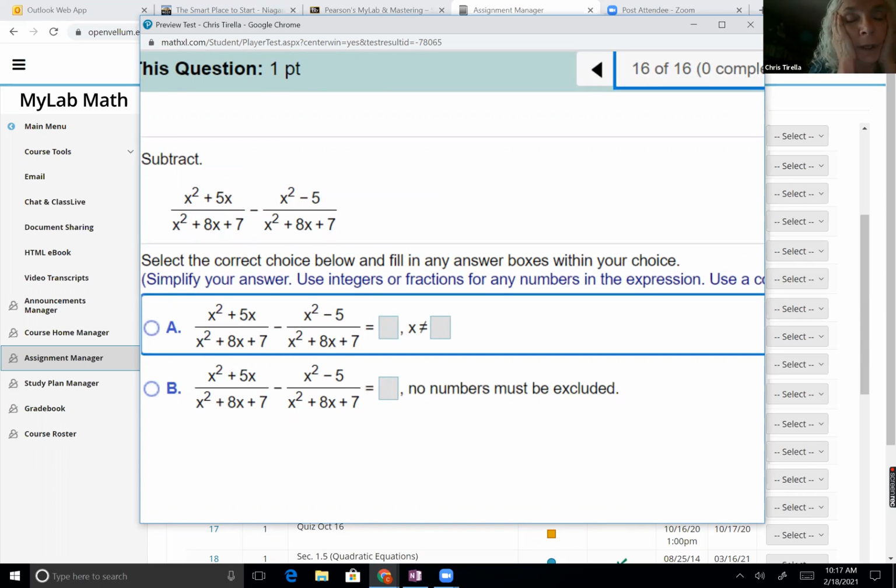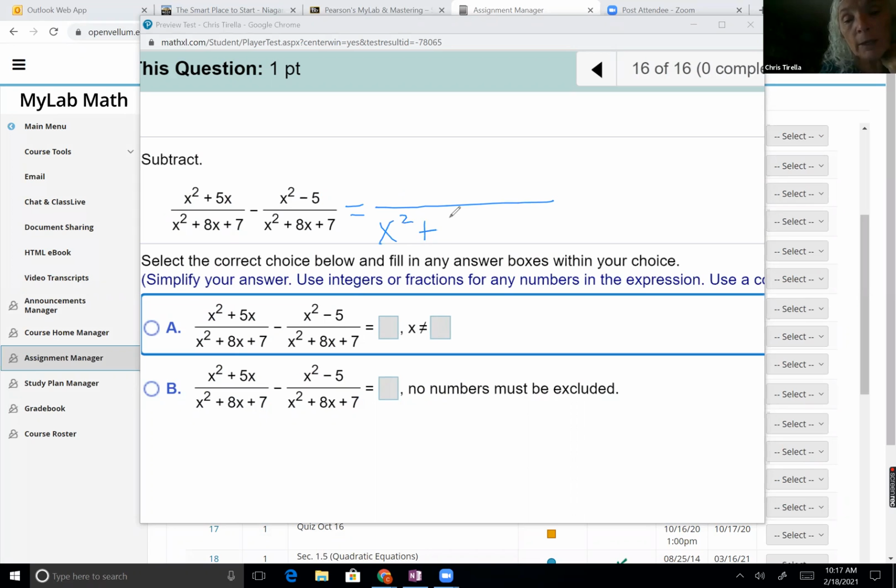Here we're subtracting two fractions. And as I look at them, does everybody see that we've already got that common denominator? And so I'm going to keep the common denominator, x squared plus 8x plus 7, and I'm going to subtract the numerators.